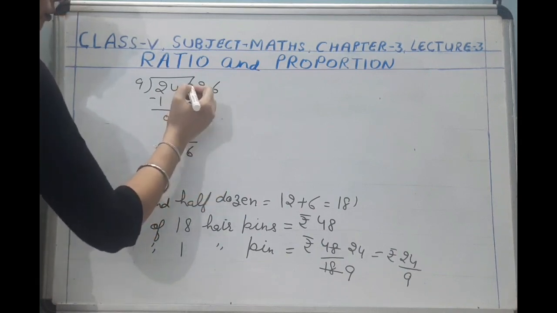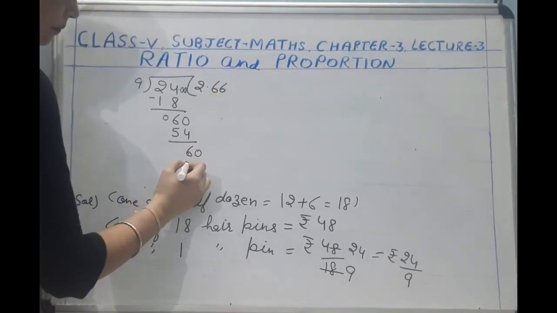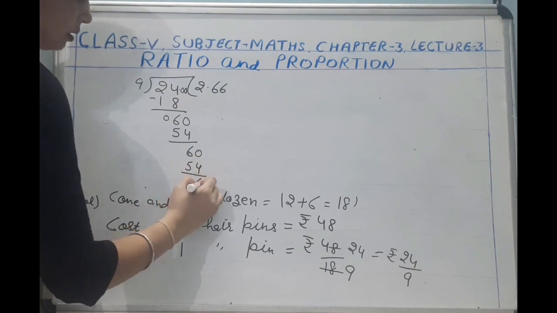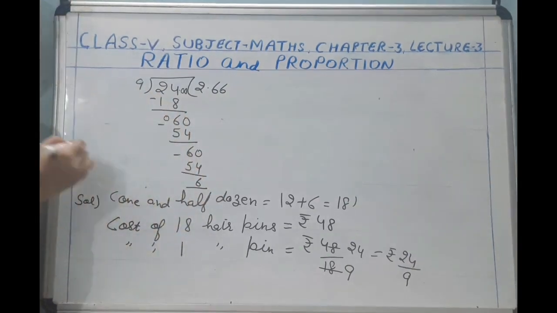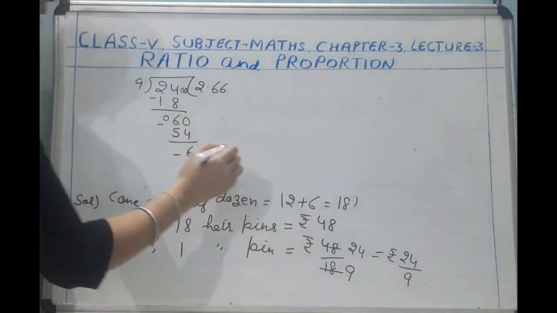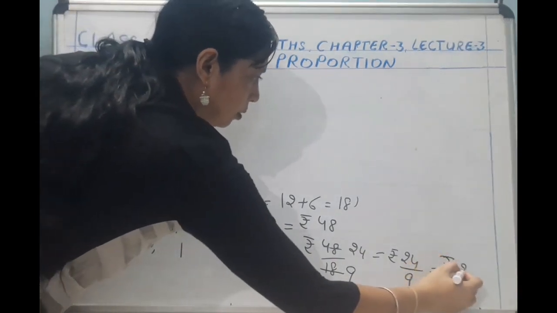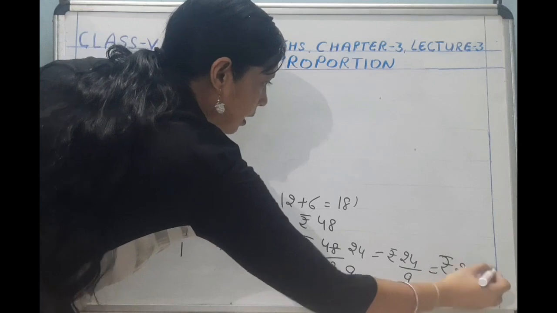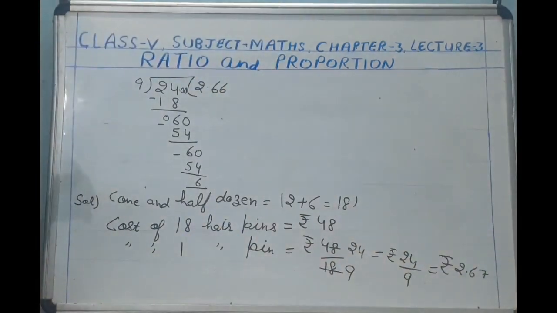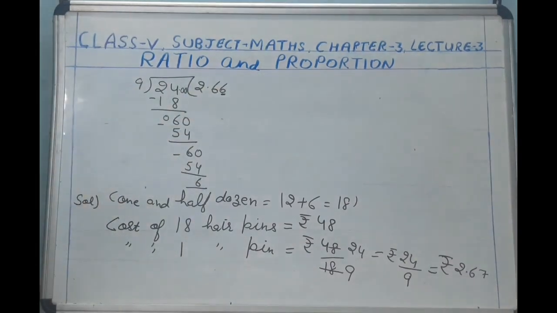Put one more 0. 9 6s are 54. Again 6 is left. It means always we are getting remainder 6. So we can write down it as rupees 2.67, because division is not completed, so we will increase this by 1. So cost of 1 hairpin is rupees 2.67.